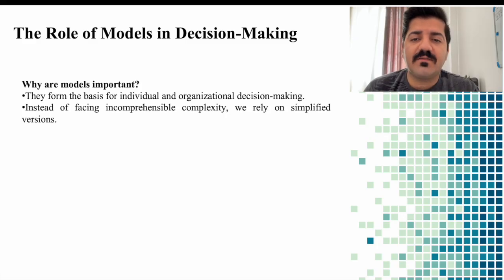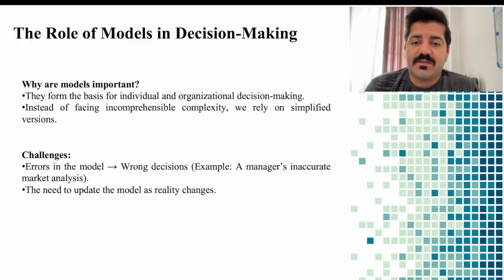Without models, we would struggle with the overwhelming complexity of this real world. It's normal that we face some challenges when we use models. For example, inaccurate models lead to poor decisions, and another is that models must evolve as reality changes. Outdated assumptions can be harmful.